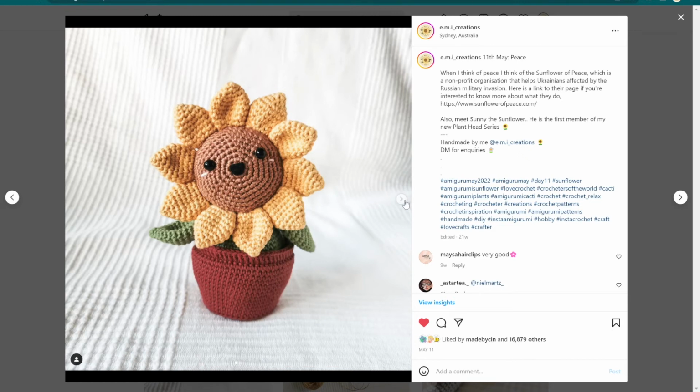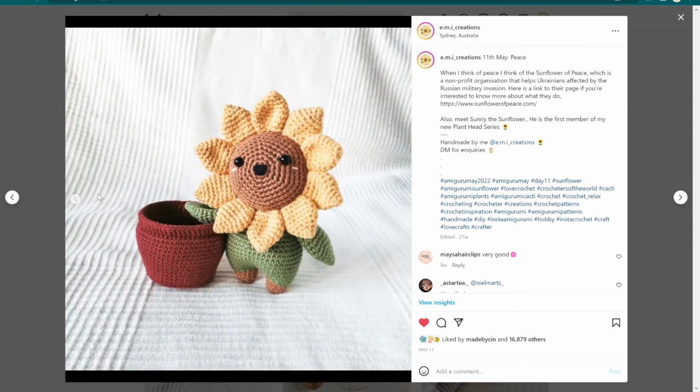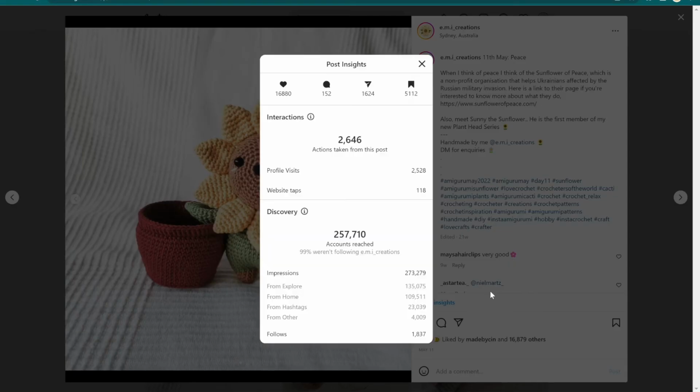Here you can see that I've got two images to show a little more detail about Sunny. Where I want to take you is to the insights. You can also do all of this on your phone, but I'm doing it on the computer. You just click into view insights, and this is where the numbers are really important.